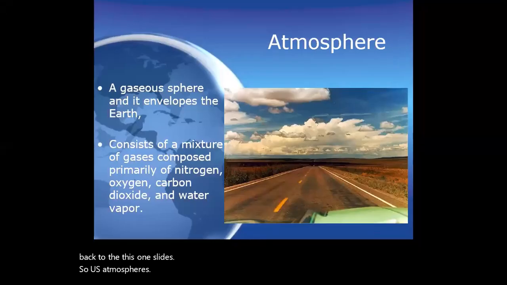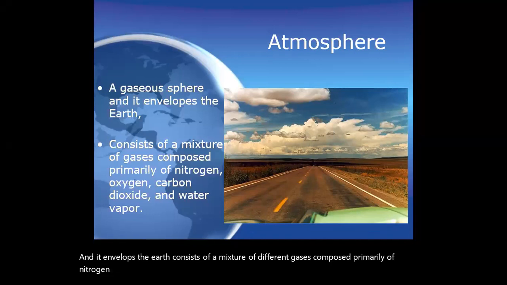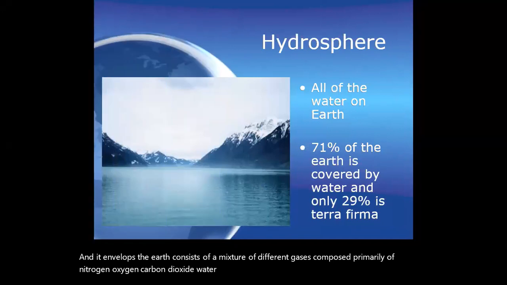Earth's spheres: atmosphere, a gaseous layer that envelopes the earth, consists of a mixture of different gases composed primarily of nitrogen, oxygen, carbon dioxide, water vapor, etc. There is a hydrosphere.